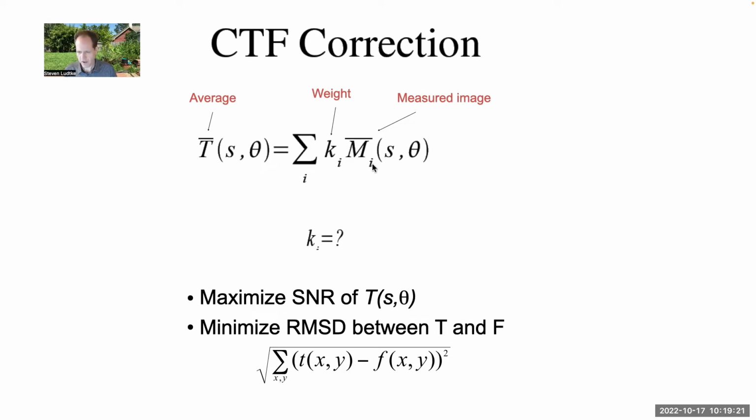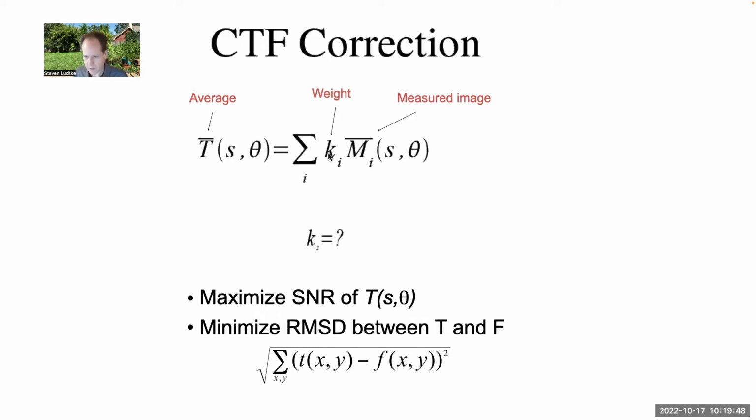In this case, m sub i, the i corresponds to the index of an individual particle. An individual particle in the same orientation, because we're going to average things together. So we have n particles all already aligned in the same orientation that we're averaging together either in 2D or 3D. And then we're going to multiply that by some weight in Fourier space to produce a nice weighted average.